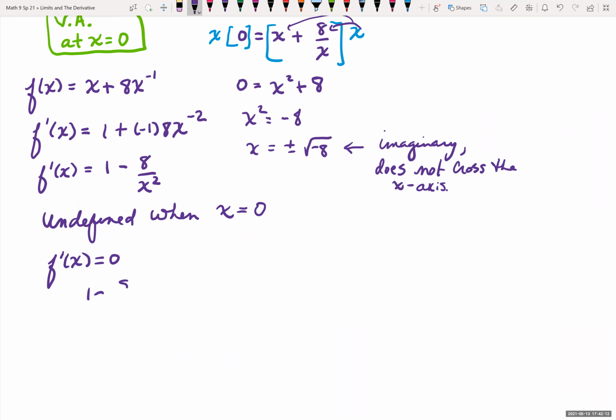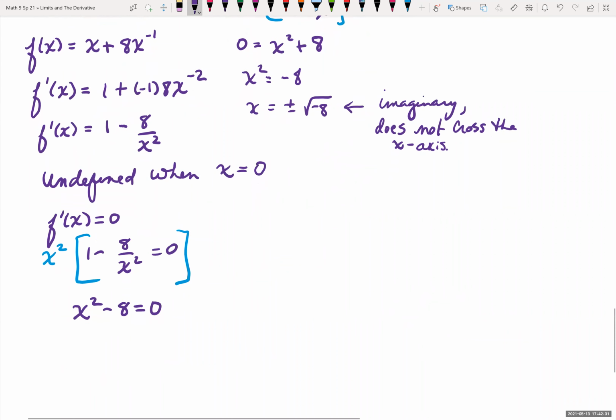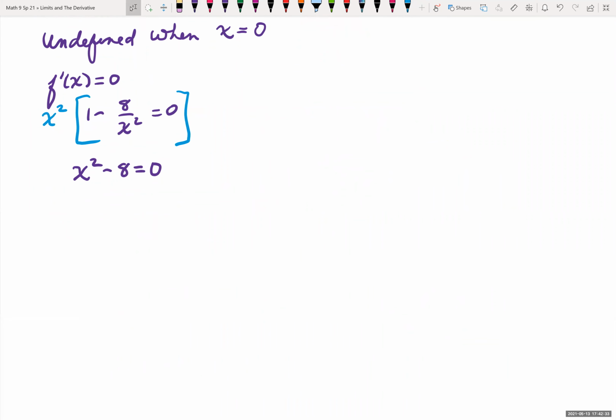1 minus 8 over x squared equals 0. Again, we can clear our fraction. Multiply both sides by, in this case, x squared. We would get back x squared minus 8 equals 0. If we solve for x, this time we would add 8 to both sides, it's positive.